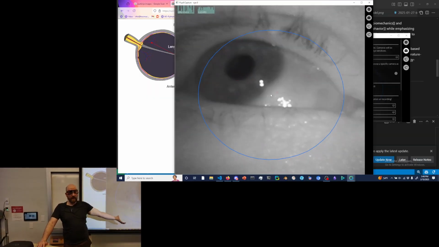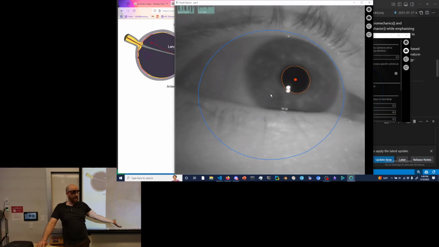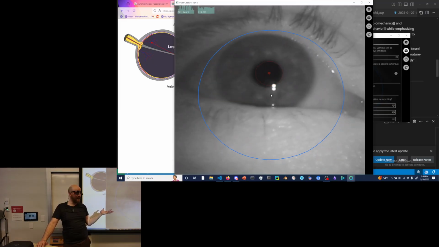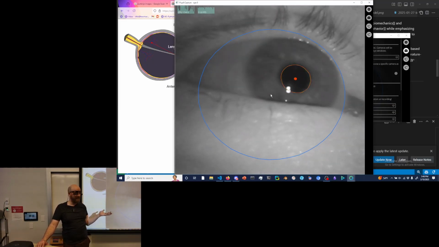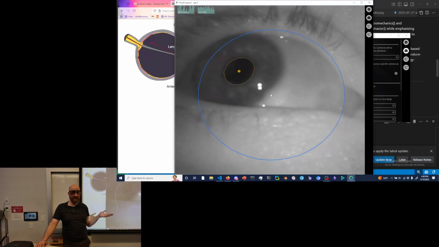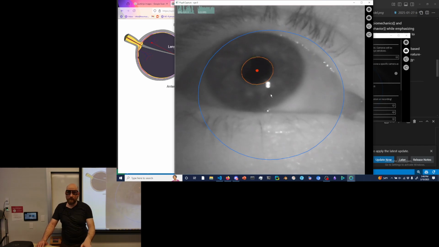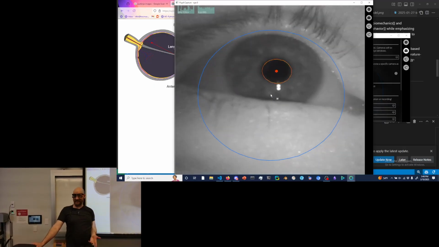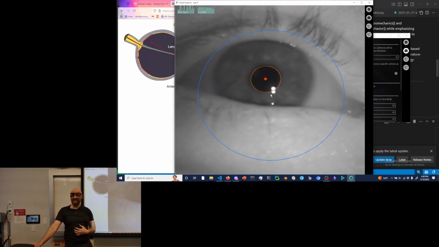Okay. So, what do you notice? Is there anything you notice about the eye movements that's surprising? Is this about what you would think your eyes look like? Yeah. What's that? It's more jittery. Yes, it is.